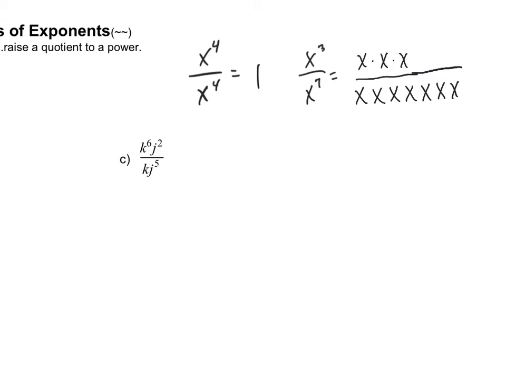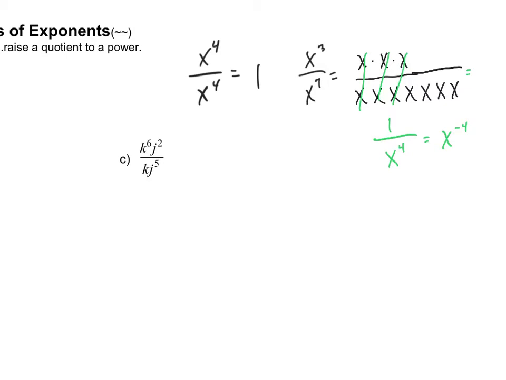As we simplify, we know that x divided by x becomes 1, and it simplifies down to 1 over x to the fourth, which we actually know is also x to the negative 4. Those are equivalent statements.